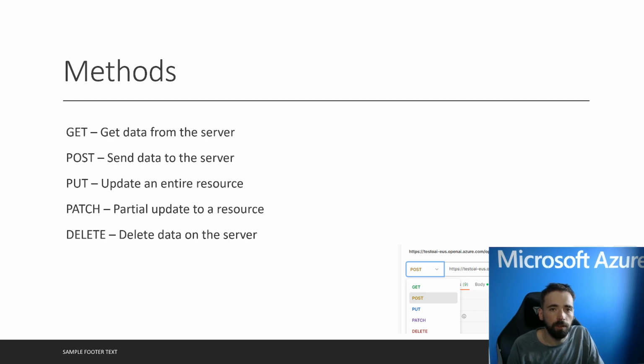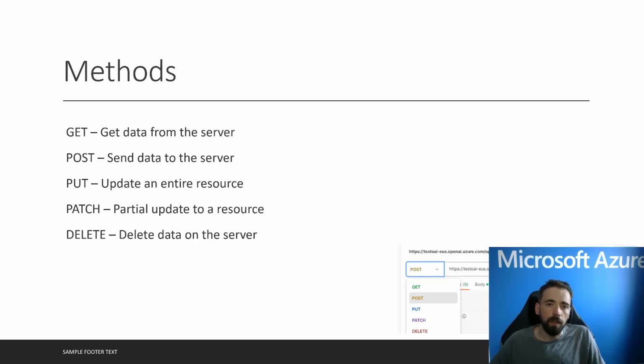We've then got put, which is updating an entire resource. So if we're making a put API call, in the body of the API call, we've typically got all of the fields that make up that resource or that object or item that we're updating. And then we've got patch, which is similar, however, we only need to contain certain properties.